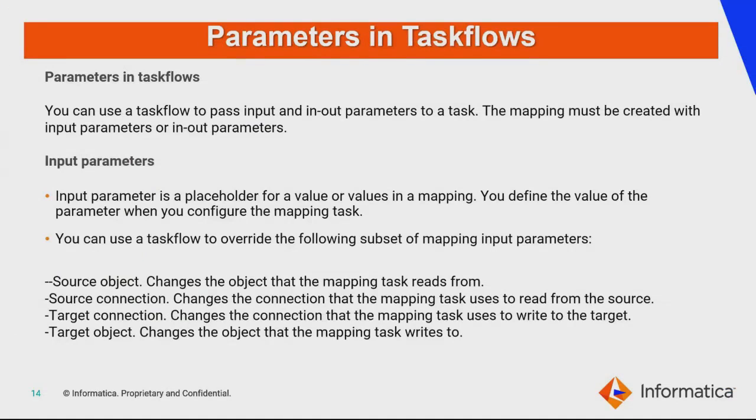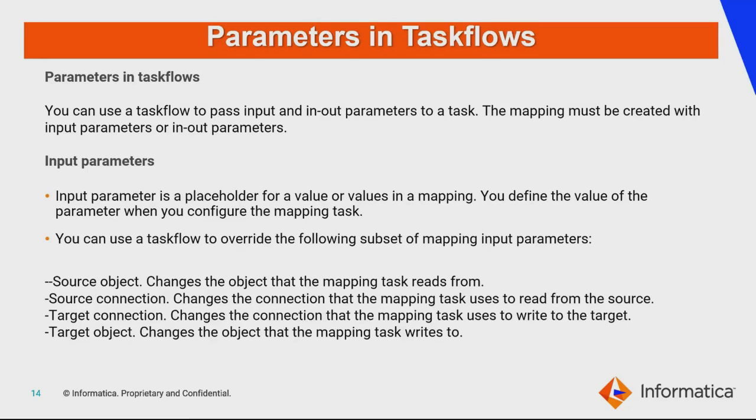You may have a need to create a mapping task and run the same using different parameters like source or target connection, source or target object. In this case, you can create a mapping with input parameters or in-out parameters and start passing these values from a task flow.